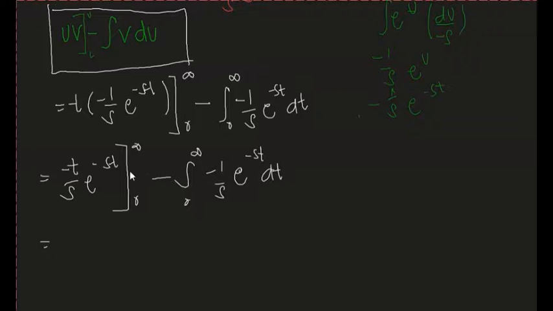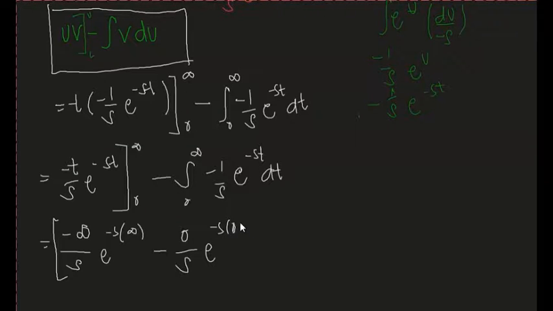So this is equal to negative infinity over s e raised to negative s multiplied by infinity, minus, substitute 0, so this is equal to 0 over s e raised to negative s multiplied by 0. So minus the integral from 0 to infinity of negative 1 over s e raised to negative st dt.